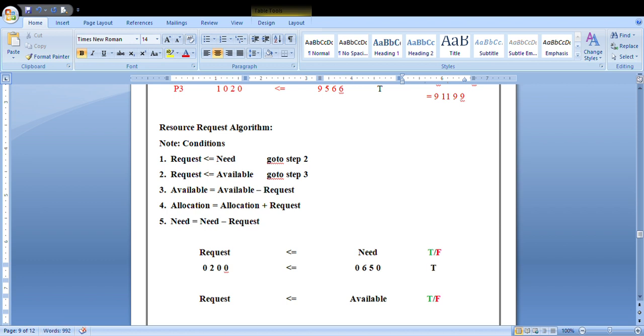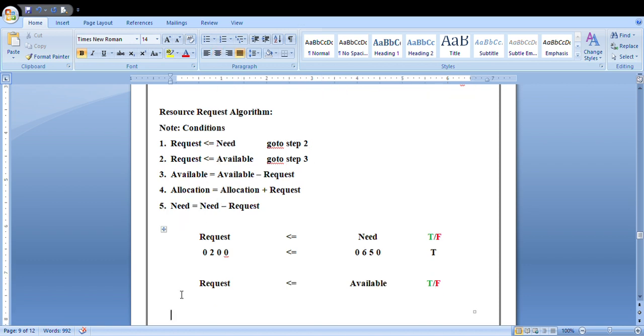If the step 1 condition is true, then go to step 2. In step 2, the request value 0 2 0 0 should be less than or equal to the available value, which is 3 2 1 1. Yes, the condition becomes true.